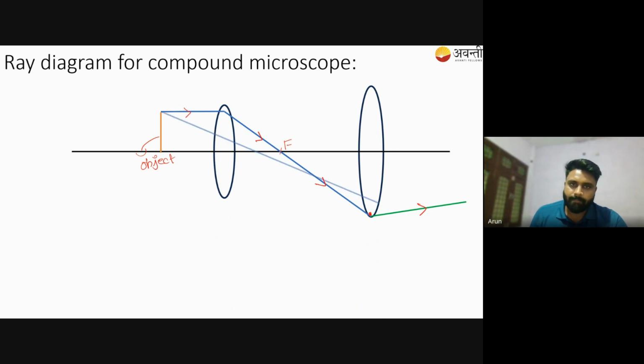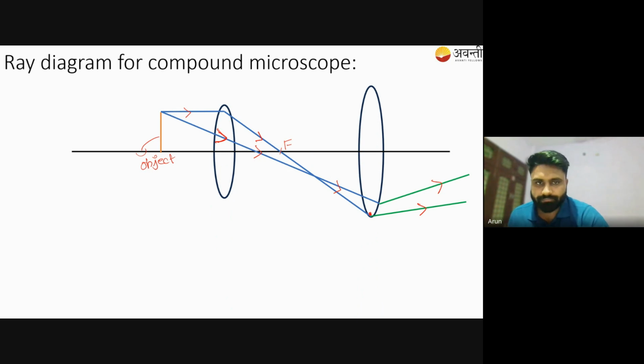Now there is another ray which is passing through the optical center of this lens, so it is moving without deviation and meeting this ray at this point. So there is an image formed over here. Also, after refraction, it will move in this direction by this lens.